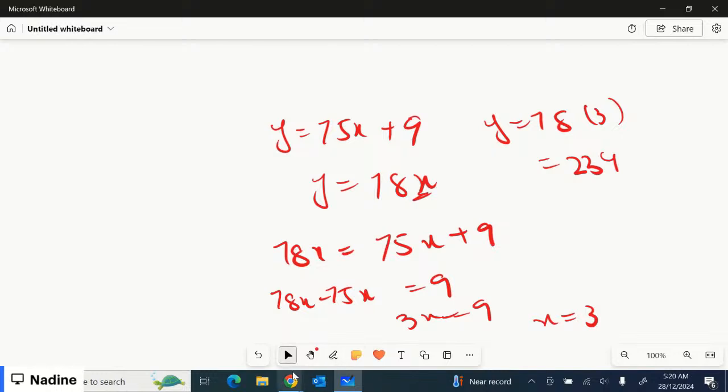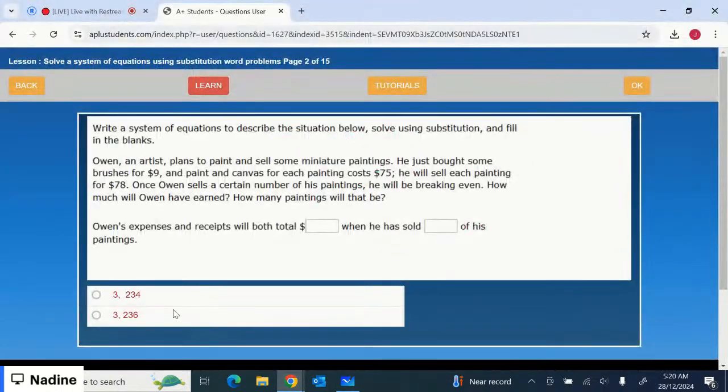The correct option is x equals 3 and 234. Okay, you can complete the lesson by yourself later today. Let me just move on to the next lesson.